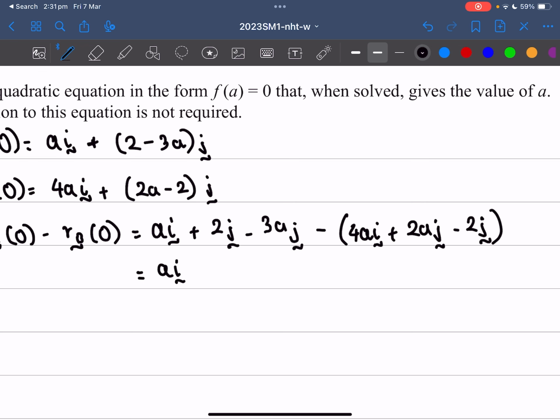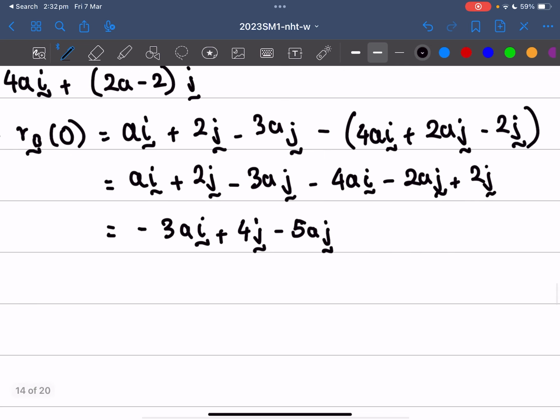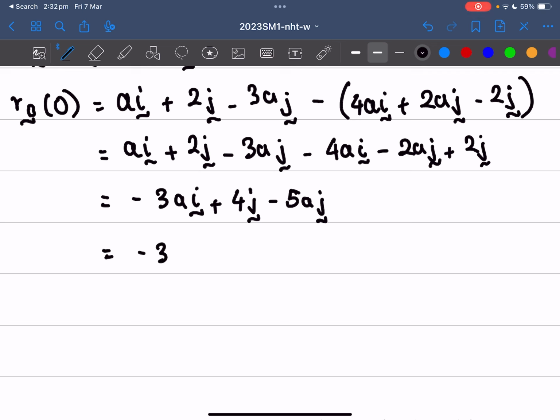So ai plus 2j minus 3aj minus 4ai minus 2aj plus 2j. That will give us minus 3ai plus 4j minus 5aj. And we can also write this as minus 3ai plus (4 minus 5a)j.